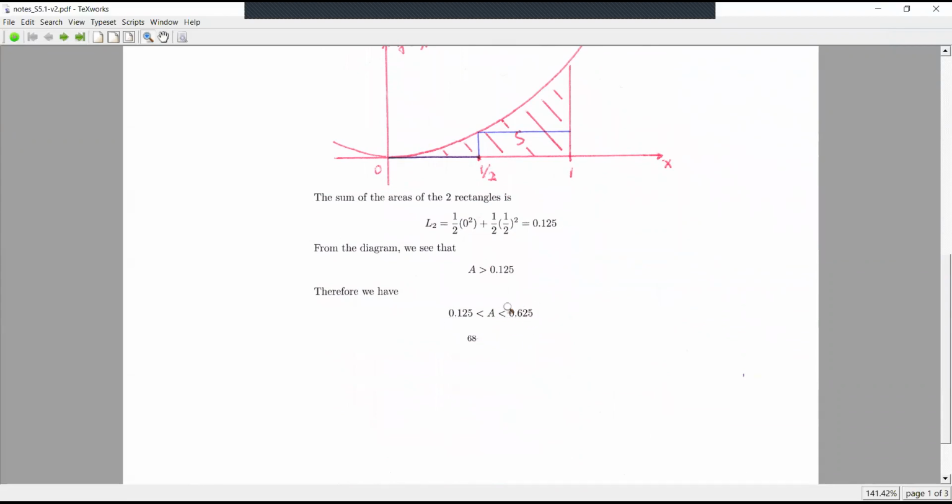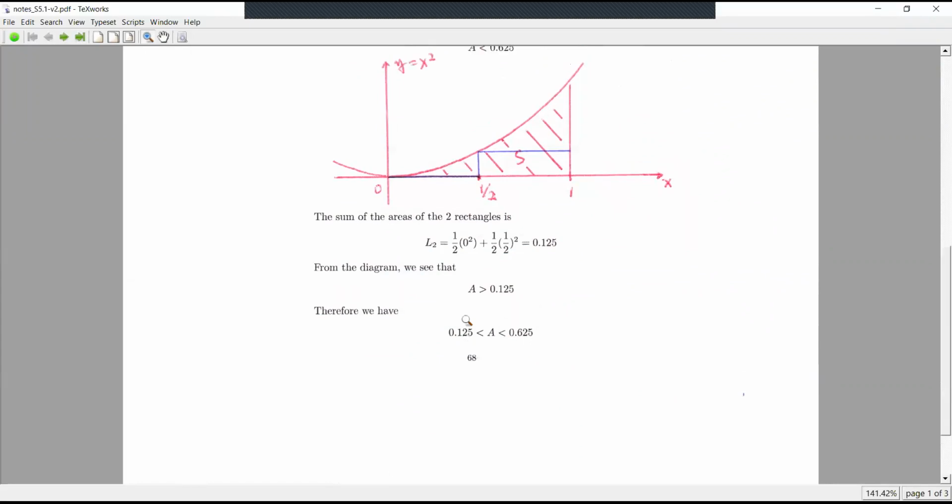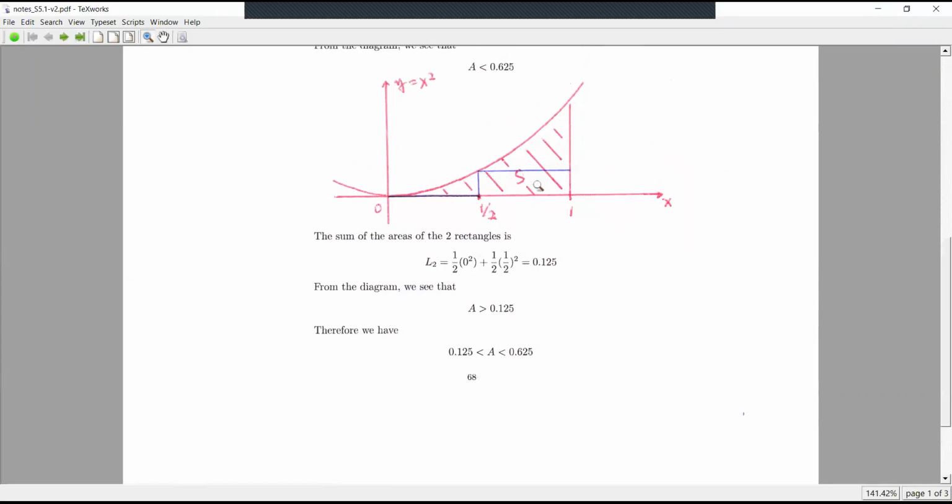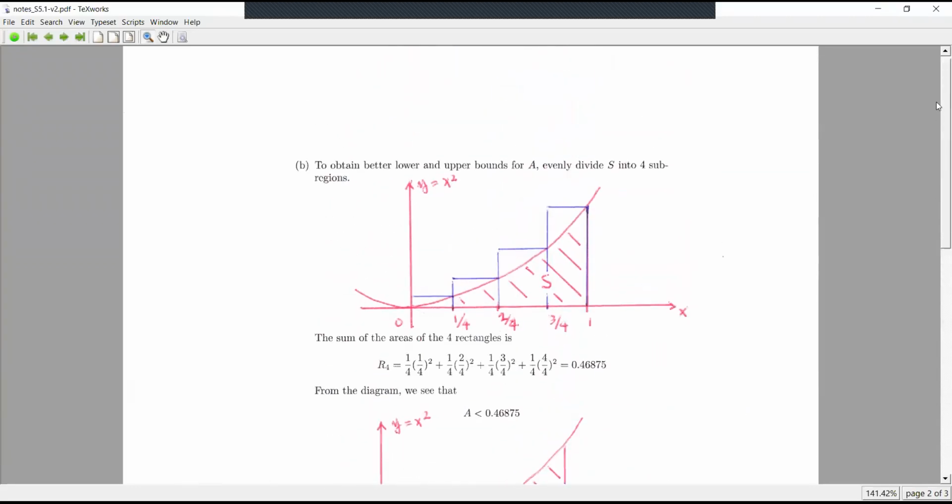Let me call this number an upper bound for the area A, and this number a lower bound for A. Now, in step 2, I use 4 rectangles to approximate the region S, and we will see that we can have a better upper bound and a better lower bound for A. Okay, step 2.